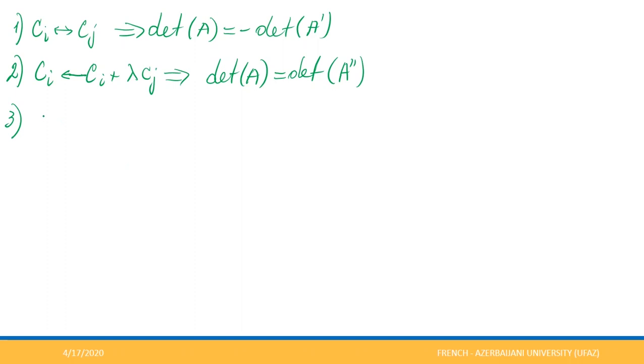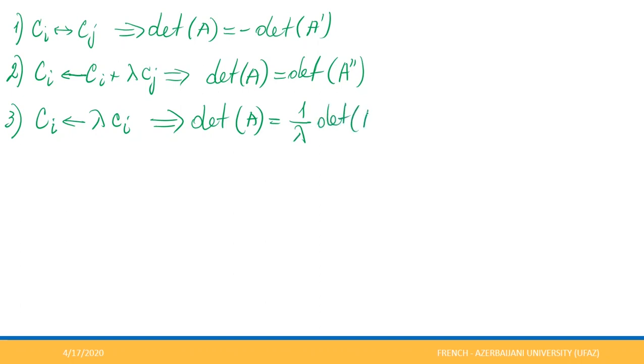If we use this elementary operation, instead of Ci, lambda Ci, then the determinant of A will be 1 over lambda, determinant of the new matrix. Then, in order to calculate the determinants, we can use these elementary operations.